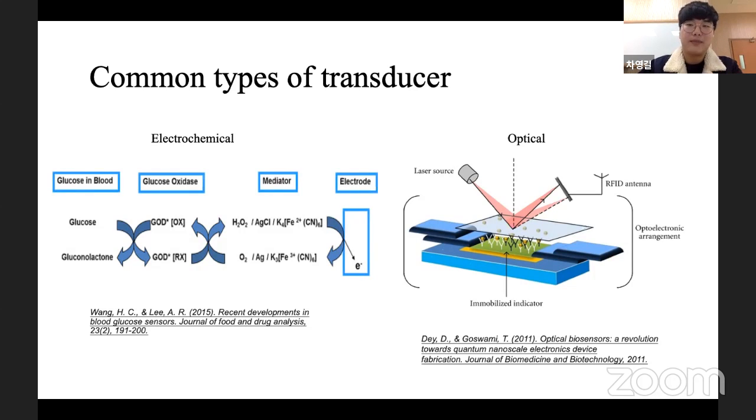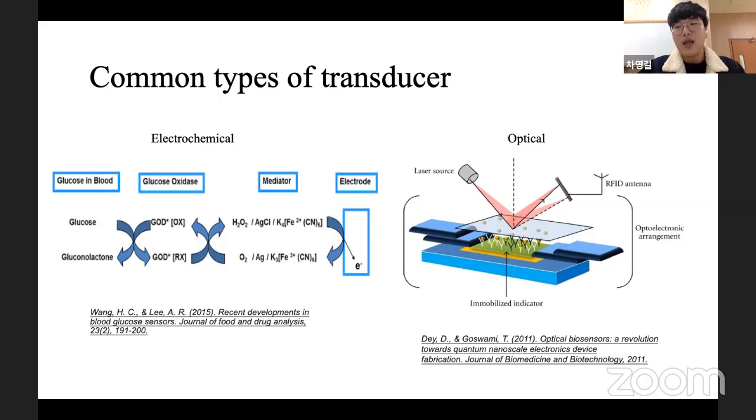So at first, the electrochemical transducer. As shown in the figure, electrochemical biosensors are normally based on enzymatic catalysis of a reaction that produces or consumes electrons. A typical example is an invasive blood glucose sensor.